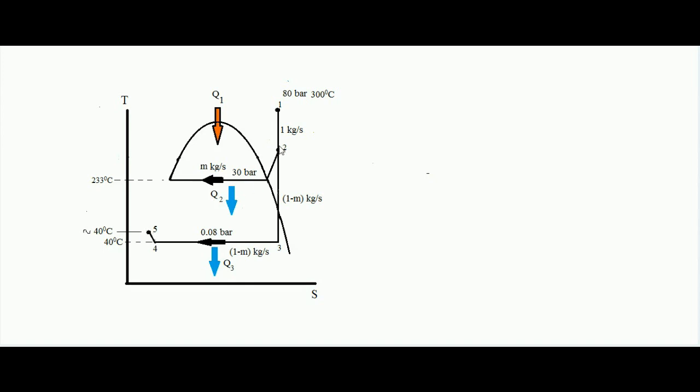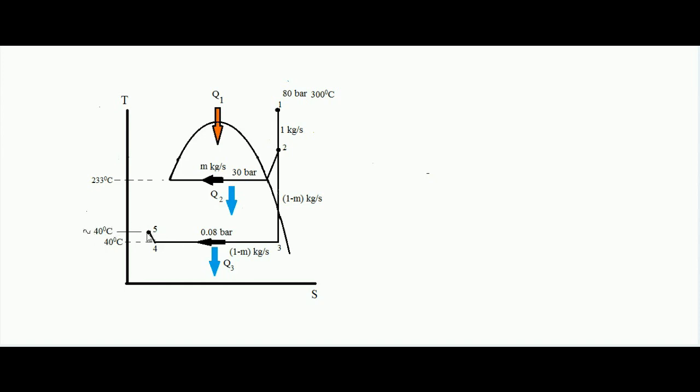Now the steam which is condensing at 30 bar pressure has a saturation temperature of 233 degrees centigrade, and over here at point 5 the water is approximately at 40 degrees centigrade, because 40 degrees centigrade is associated with the condensing steam, and since the pump doesn't add any heat, at point 5 the temperature is almost the same, that is 40 degrees centigrade.